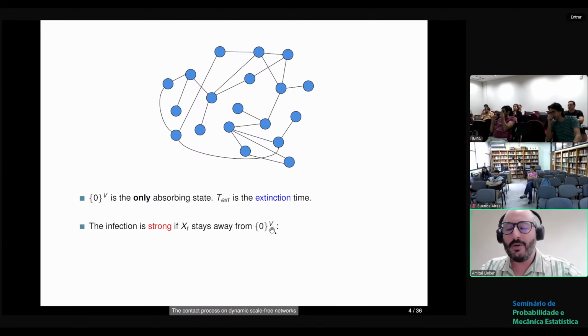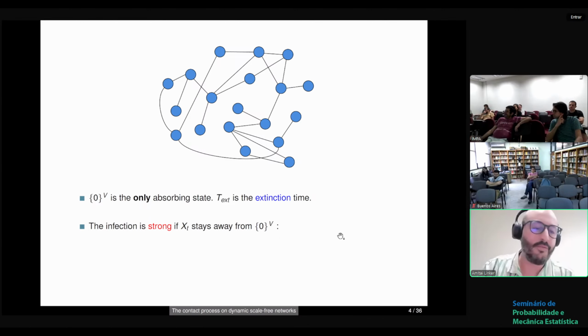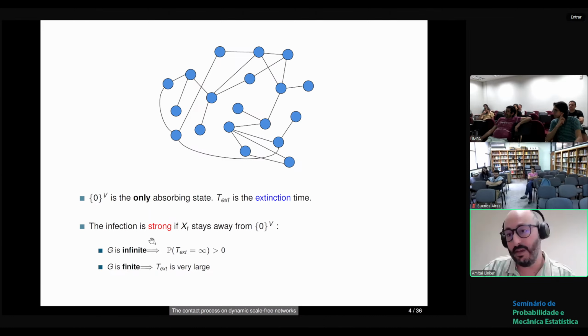We are going to say that the infection is strong if it stays away from extinction, from this configuration. Of course, if the network is infinite, this is possible. If the probability of never reaching extinction is larger than 0, then we say that the infection is strong.